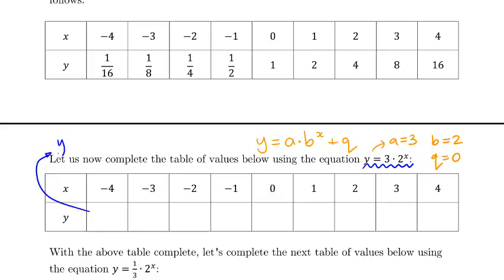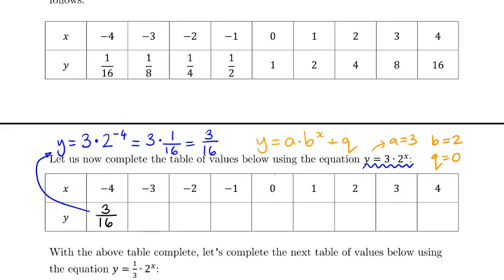So y would equal 3 times 2 to the minus 4. We should already know that 2 to the minus 4 is 1 over 2 to the 4, which is 1 over 16. So basically we have 3 times 1 over 16. And 3 times 1 over 16, guys, that's just 3 over 16. Interesting. Okay. So y is 3 over 16 when x is equal to minus 4.